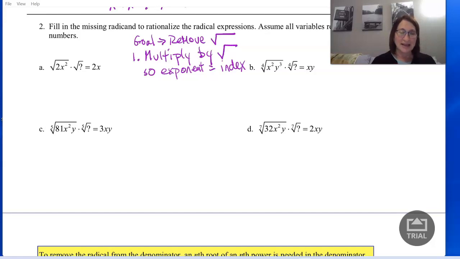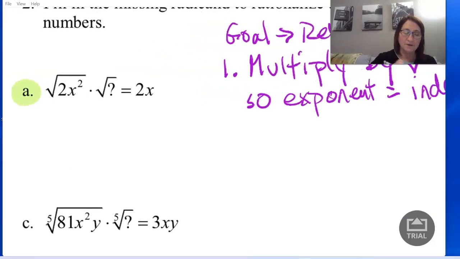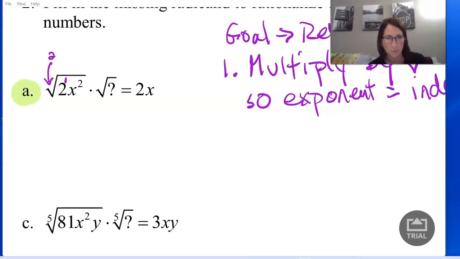So when I look at example A, I see here that I have 2 to the first and x squared. And this index here is an implied 2. So what am I missing? I'm missing a 2. I need there to be one more 2 in order for my radical to go away.